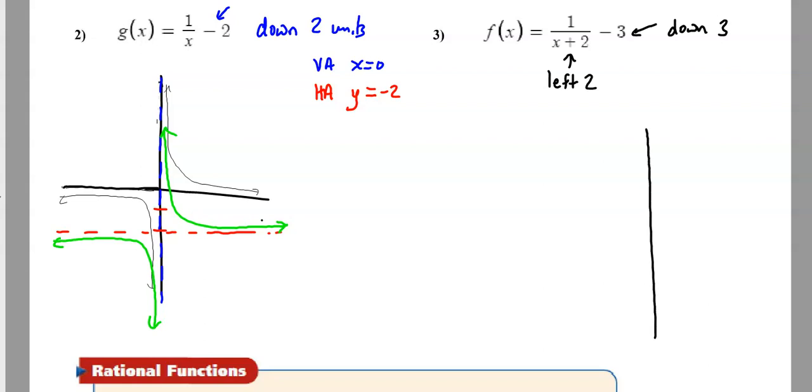So there's my grid, and I want to put these asymptotes in. Normally, if we're going left 2, that means I go over here 1, 2, and then if I'm going to go down 3, I'm going to need over here a little bit. So now let's trap this.